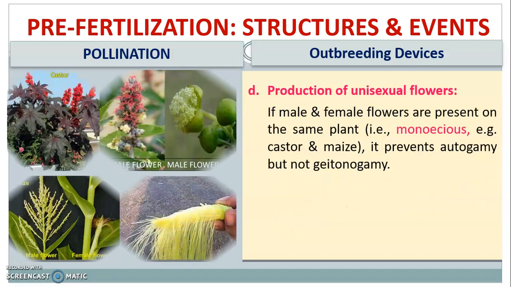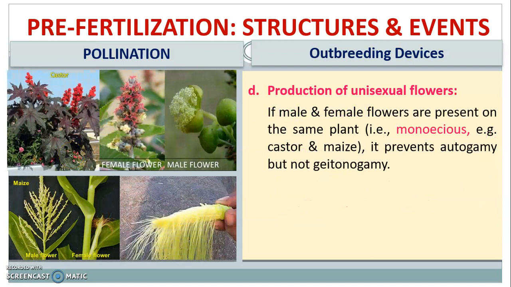Next part, the production of unisexual flowers. Unisexual means the flower has either the male structure or the female structure. If the male and female flowers are present on the same plant, but the flowers are different, the plant is monoecious because it has both flowers, but the flower is dioecious.